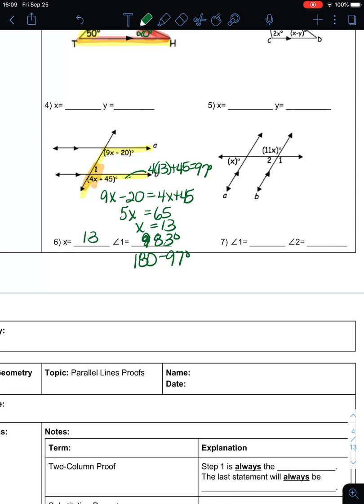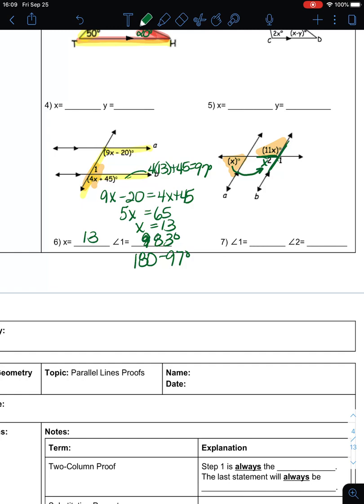Now with 7, when you look at 7, what you'll notice is the two angles that have the variables, and obviously those are going to be the ones that I use. Those don't have any direct relationship. They're not linear, they're not vertical, they're not the 4 angles on our angle pairs on transversals. But we can move them around by using the angles on transversals. So I'm going to move this x over here because those two are corresponding angles.